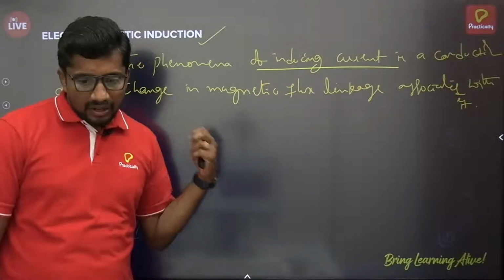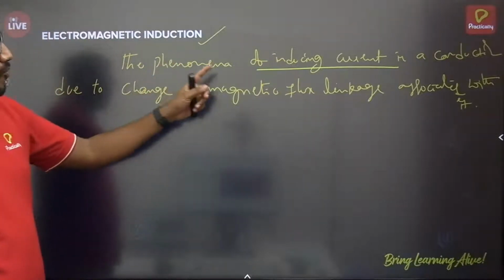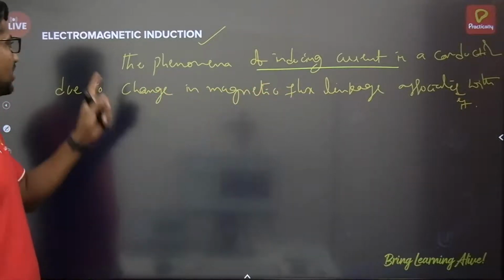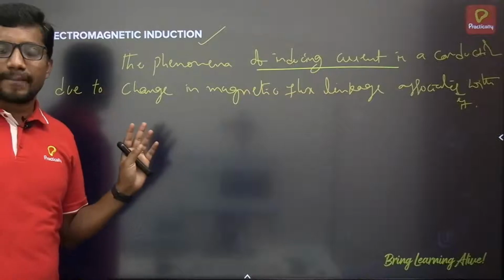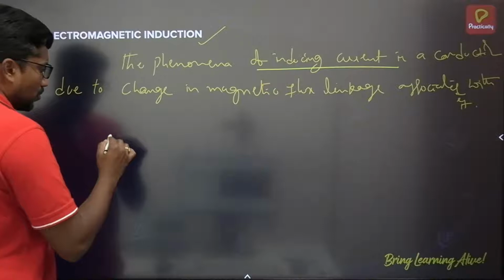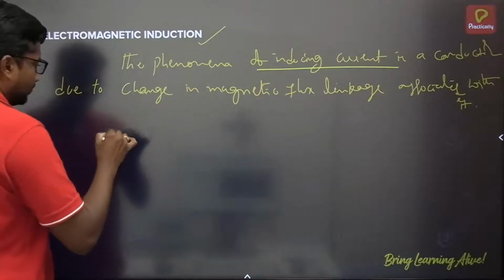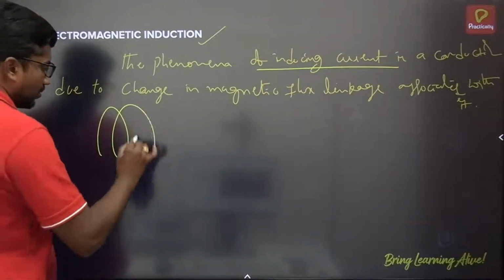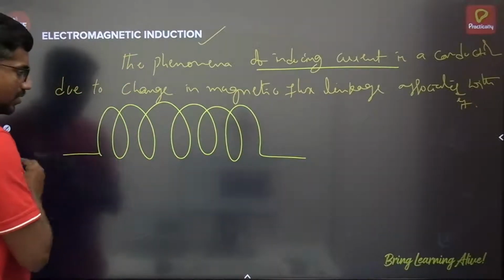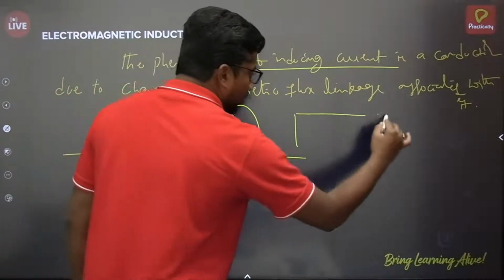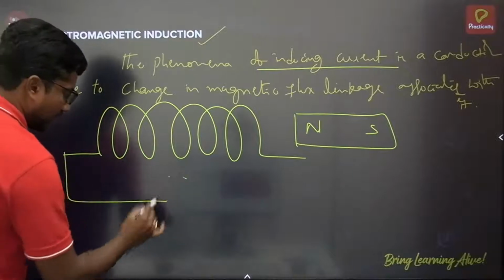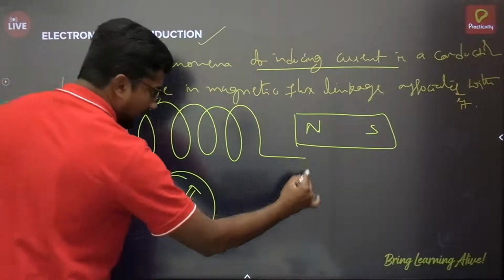Okay. So see here, the phenomenon of inducing current in a conductor due to change in magnetic flux linkage associated with it is called electromagnetic induction. In this particular case, suppose I take a coil, and this coil is connected to a galvanometer to show the direction.